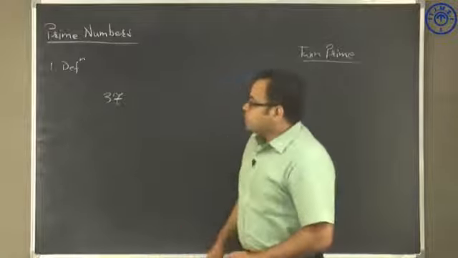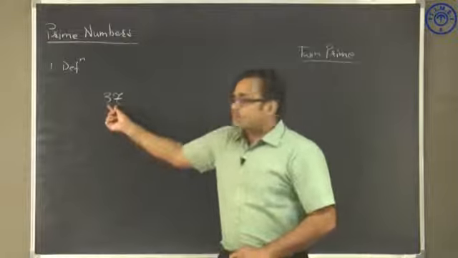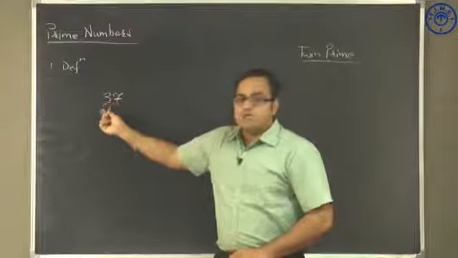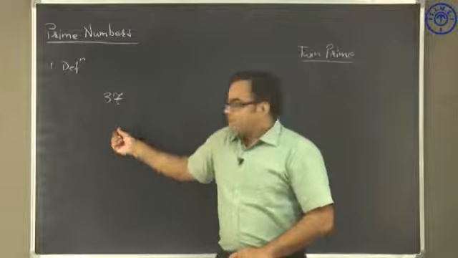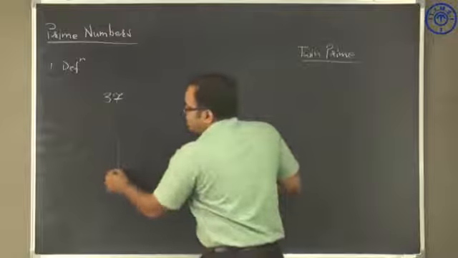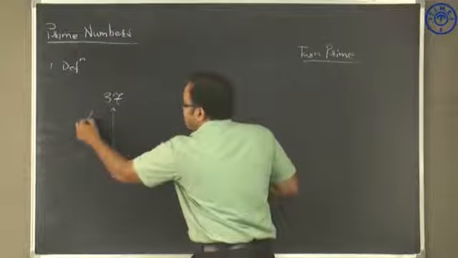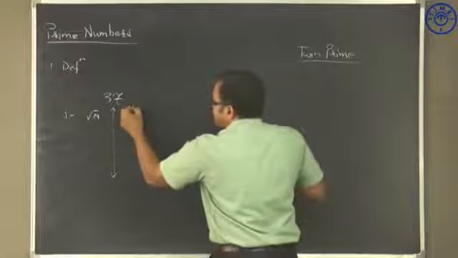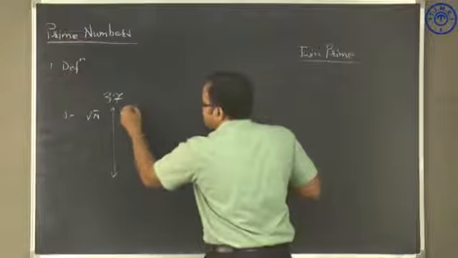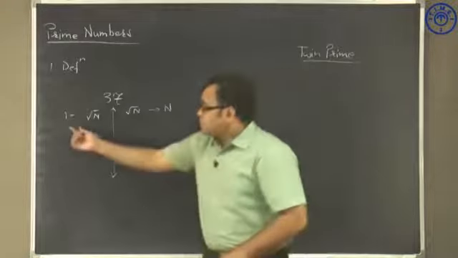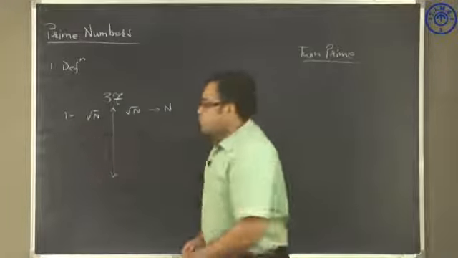What I can always do is look at the square root of 37. The square root of 37 would be 6 point something. If the square root of 37 is 6 point something, I only need to check the divisibility of 37 by prime numbers from 1 to root n.